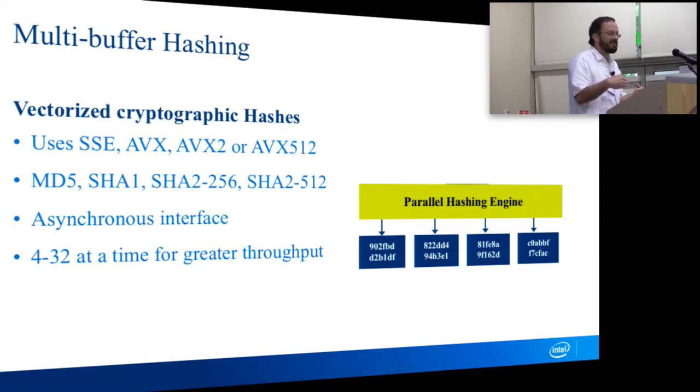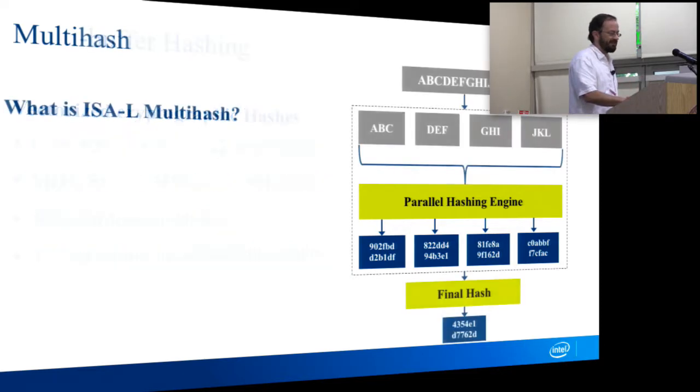It's a bit inconvenient going from a synchronous interface to this asynchronous interface and queuing up these hash jobs. I'm not going to say it's easy, but if you can, the throughput is much higher. It can be 5 to 8 times the throughput of the single buffer hashes. And so for that reason, it's worth it for customers to implement the multi-buffer hash.